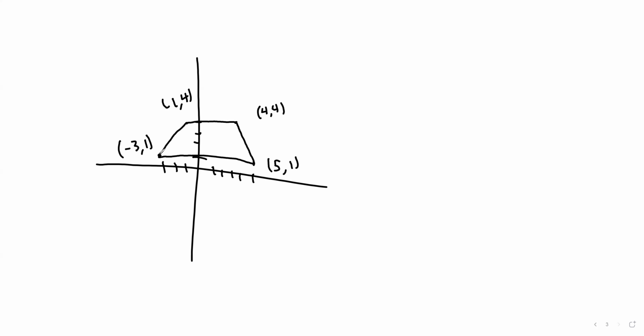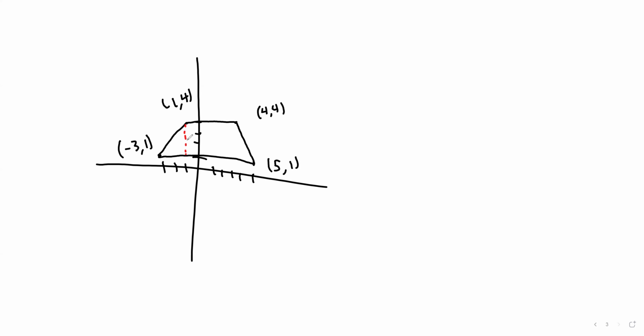Now I don't exactly have grids on here. My height is right here. And I don't really need to use the distance formula for this. Now, there's a possibility I might have to sometimes, because they might not be going horizontally. When I'm going horizontally and vertically, this height is just going vertically.